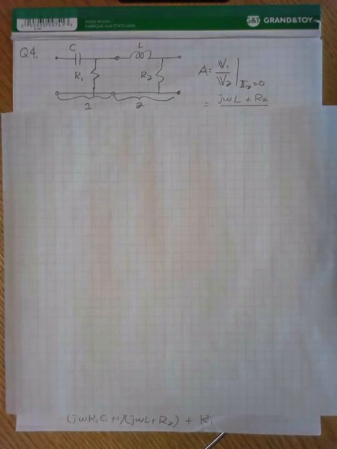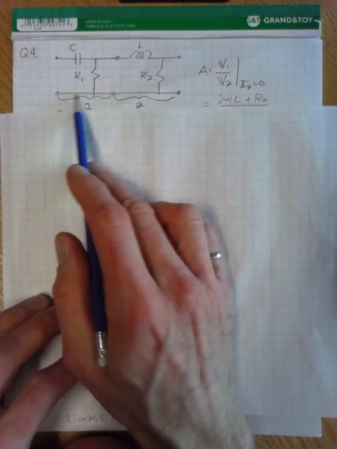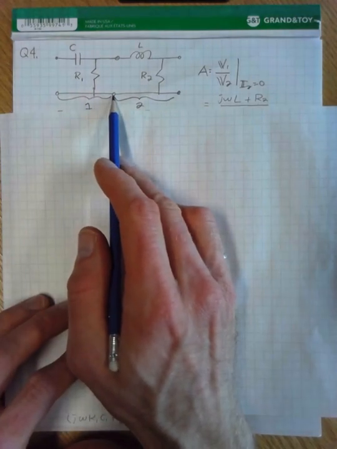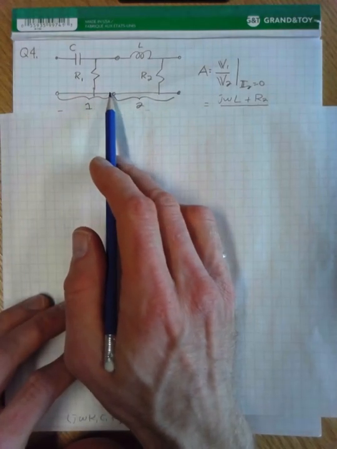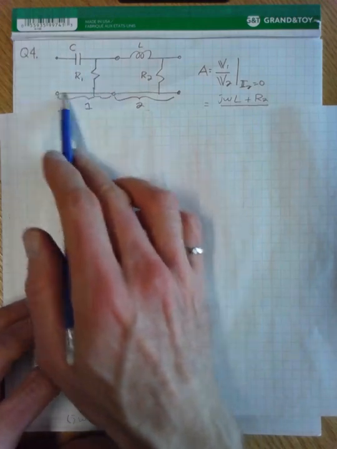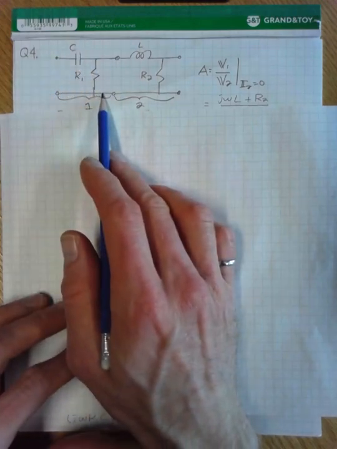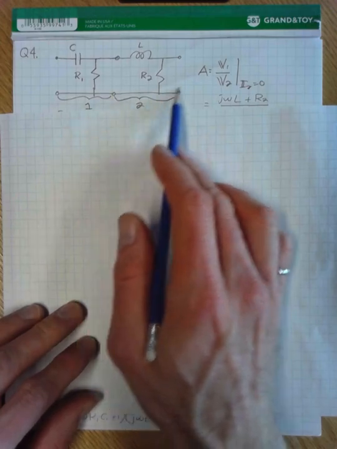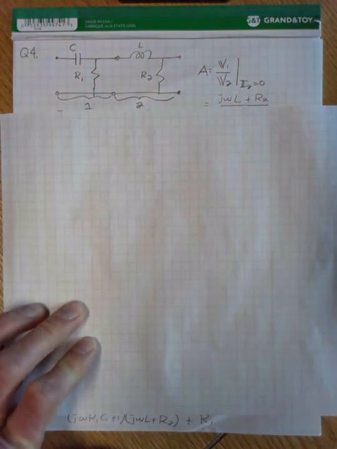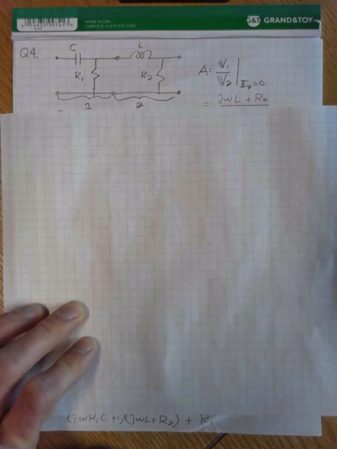Next was a cascaded ABCD parameter question, and generally speaking, this one was quite well done. This might have had the highest average of all the questions. So we have our first system, which is a standard RC high-pass filter, and then our second system, which is a standard RL low-pass filter.